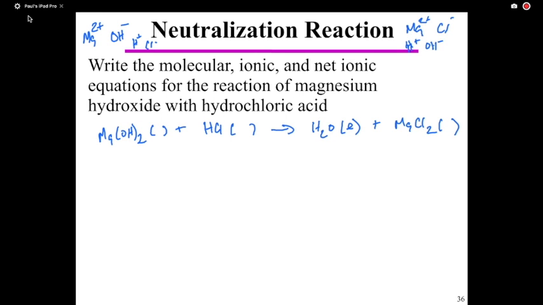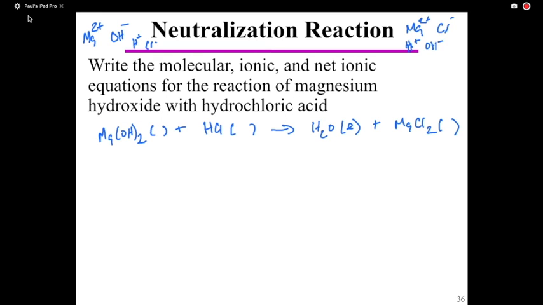All right. Do you remember your rules for solubility? Someone go back and look at the solubility rules for hydroxides. Does anybody have that? Hydroxides are considered what? Insoluble, except when containing alkali metals, ammonium, calcium, barium, strontium. Okay.